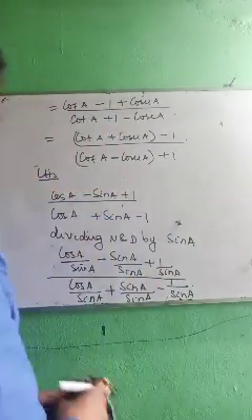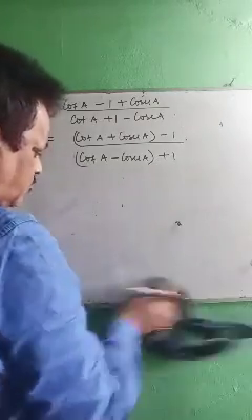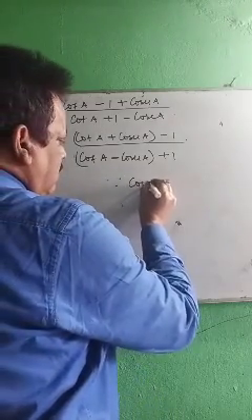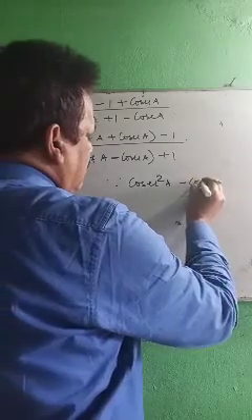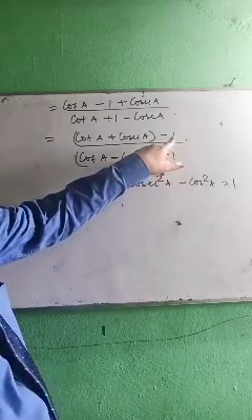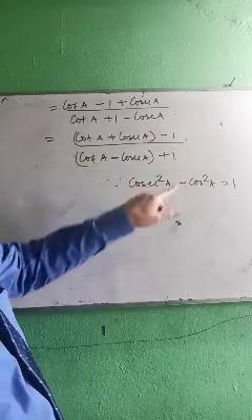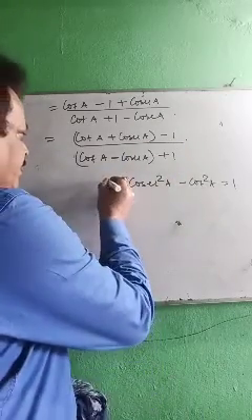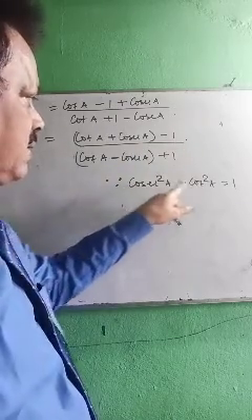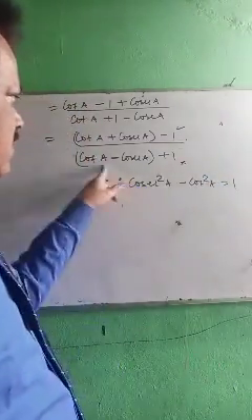Then what you have to do, because cosec square A minus cot square A equals 1, look at this one. Can you write cosec square A minus cot square A? Only for this one you write cosec square A minus cot square A, not for this, because this will get simplified.